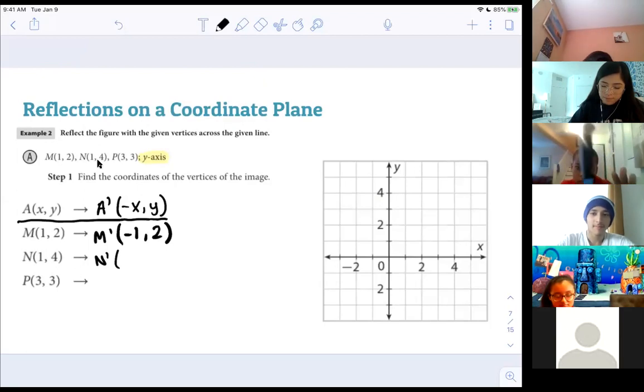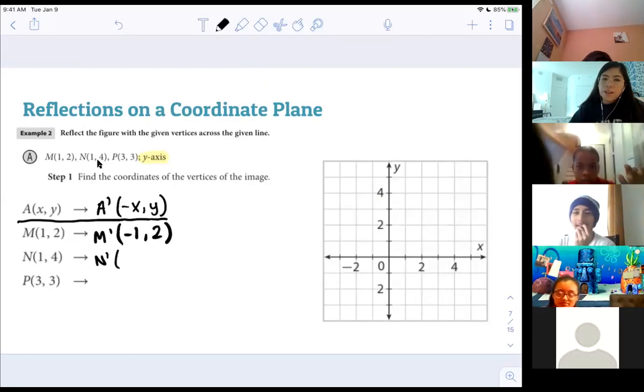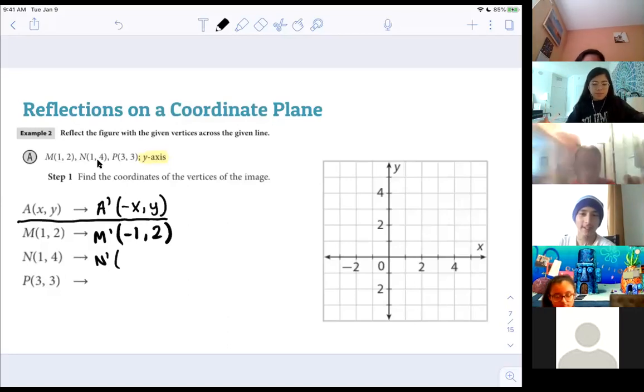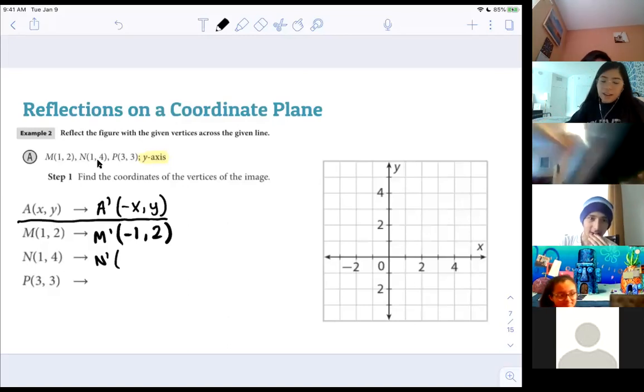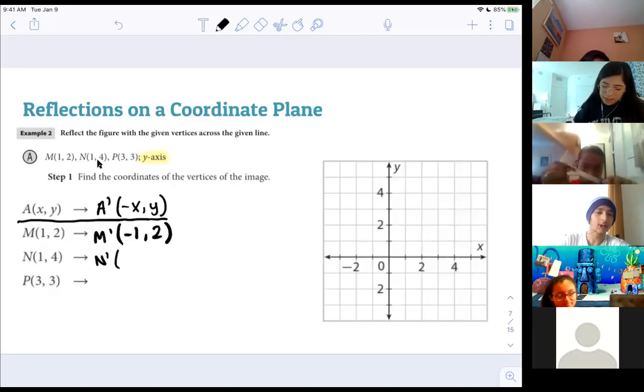What's your name? You know what? I'm gonna steal the answer. Let him struggle. Wow, that hurts. Come on. All we're doing is changing the x to a negative. So what do I do? -1, comma 4.